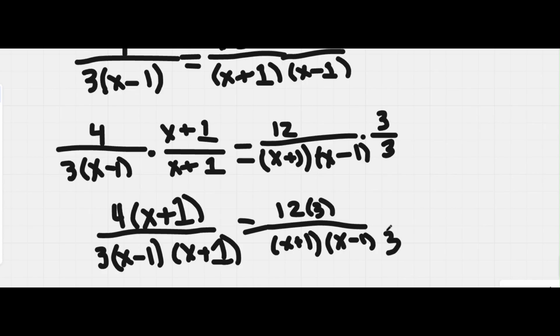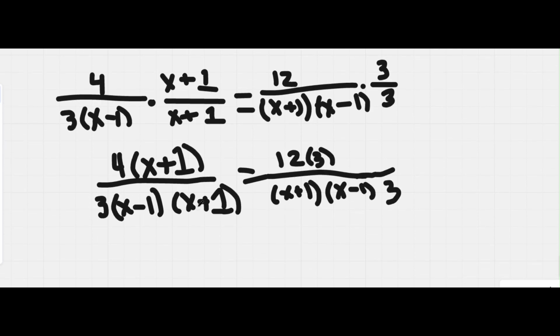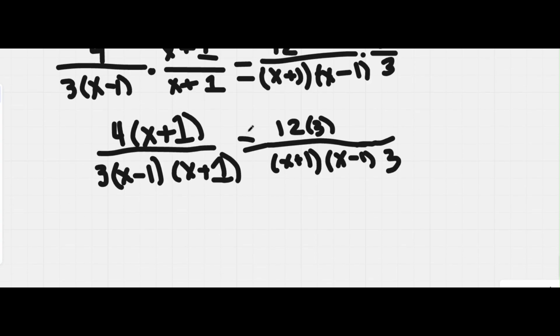Remember, since we are multiplying, it doesn't matter the order that the numbers or the expressions are in. Just because the 3 is at the front here, and the 3 is at the back here, does not change the value. These two are the same. 3 times x minus 1 times x plus 1 is the same as x plus 1 times x minus 1 times 3. Now that the denominators are the same, we know that this expression is equal to this expression.